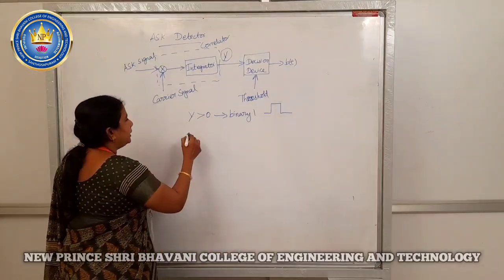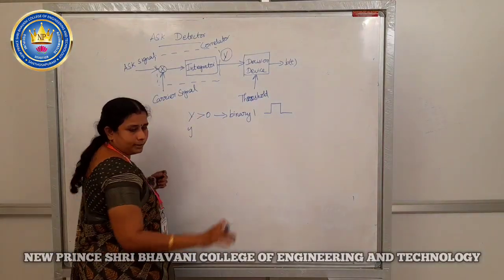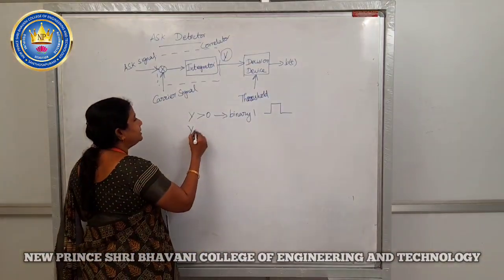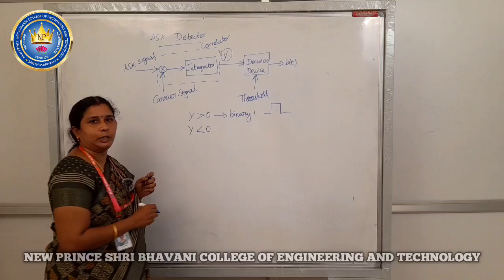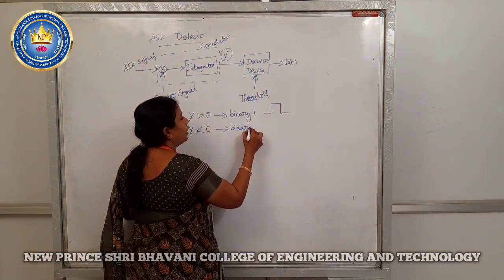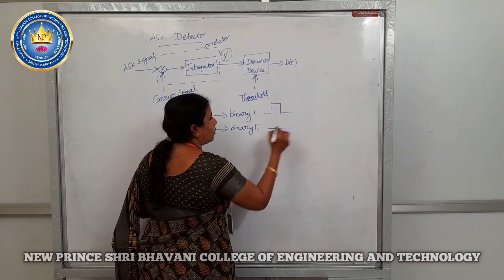Okay. And if your Y value is less than 0, meaning a negative value, it represents binary 0 output, meaning 0 output.